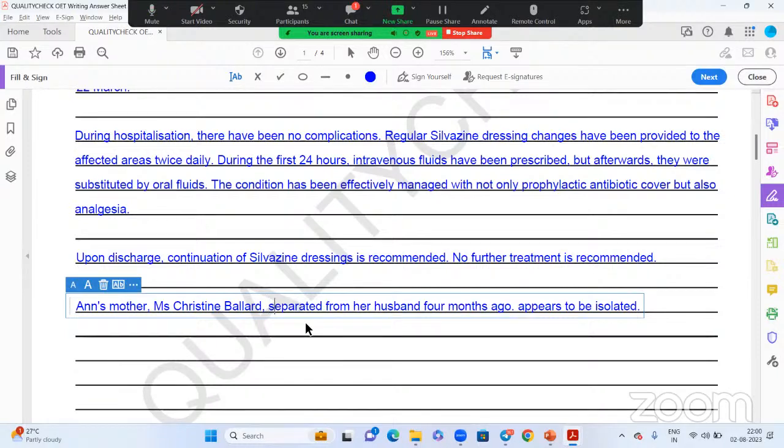Okay. Then say here, since then means since that time. Since then, she appears to be isolated.